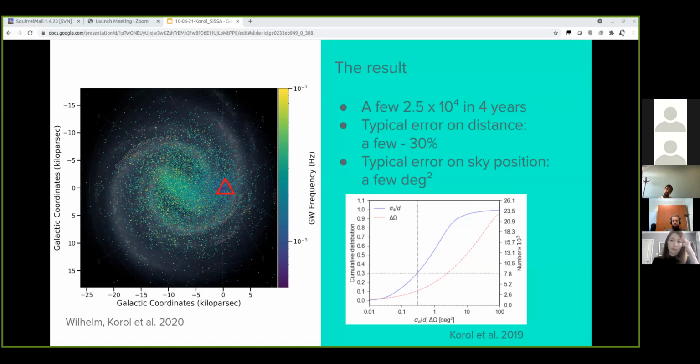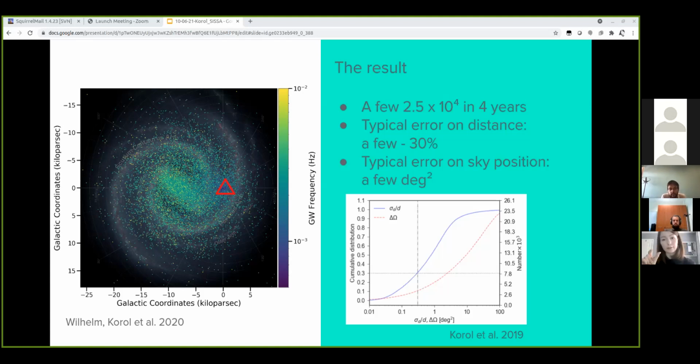And just to give you some numbers, in this specific simulation, we found 25,000 binaries detected above the threshold for the 4-year mission. As I was mentioning before, 30% of this sample, something like 8,000 out of the 26,000, we found to have a fractional error on the distance to be less than 30%.